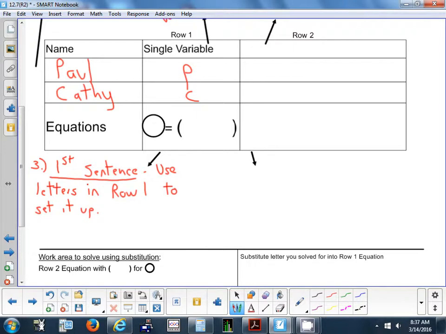Every problem we do this week that's an age problem, Mr. Hager and I will make sure that the first sentence will be your first equation. We're not going to switch it around. Your first sentence will always be your first equation, and it's always going to have the single variables. All right? So let's go back up to our first sentence.